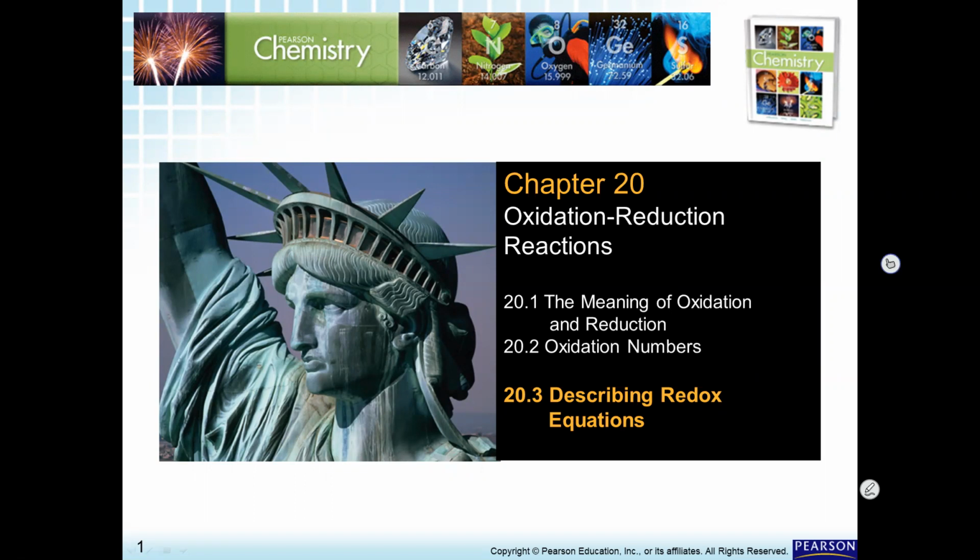The oxidation number determination, that's what we did last time. And we had several rules that we discussed in order to determine the oxidation number for any atom in any compound.